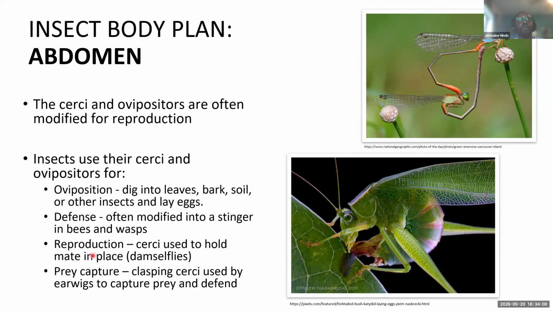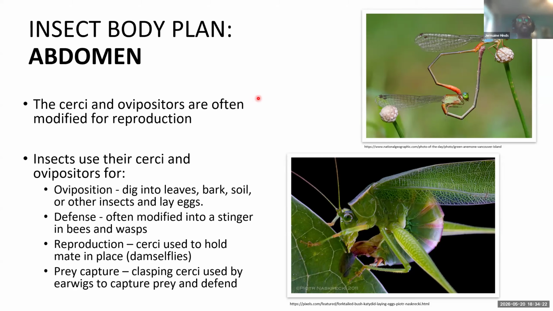Reproduction: cerci are used to hold a mate in place. For example, with damselflies, the male during mating will reach his abdomen around and clasp the female with these little claspers, and that prompts her to curve her abdomen up to where his genitals are and receive the sperm packet.